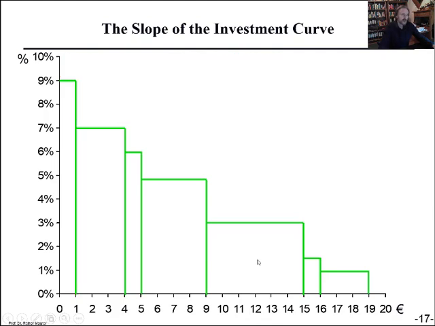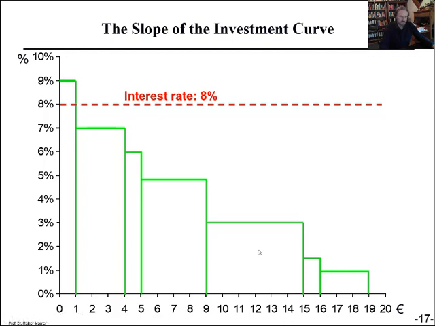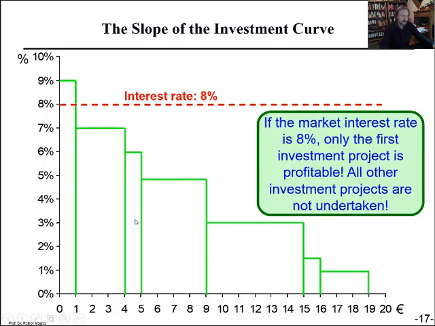Now let's assume that the market interest rate is for some reason equal to 8%. How many investment projects will now be realized? Well, if the market interest rate is 8%, only the first investment project is profitable. All other investment projects will not be realized.